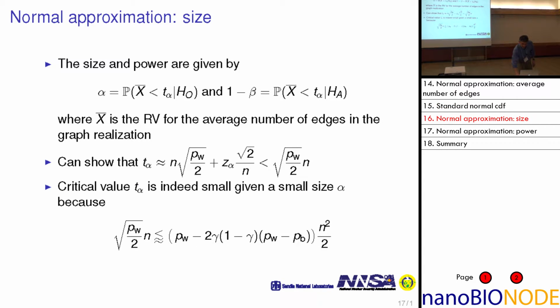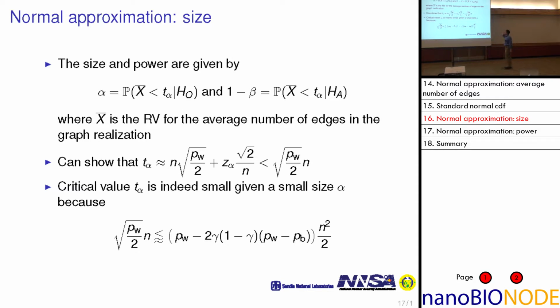All right, so we're nearing the end of the talk. Again, I write down the size and power for that, where x is the average number of edges in the graph realization. Now what's very interesting is you can actually get at this asymptotic, and you can get at this T alpha. You can do a simple approximation to that, which is now bounded above.